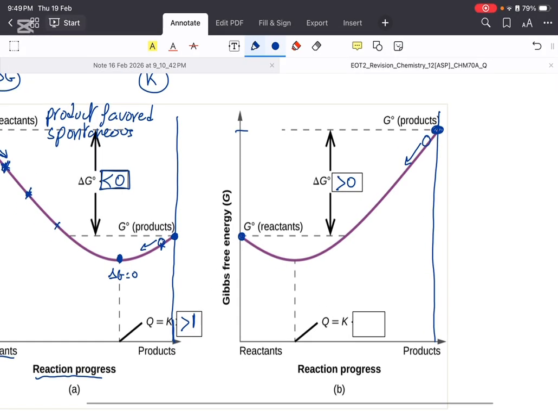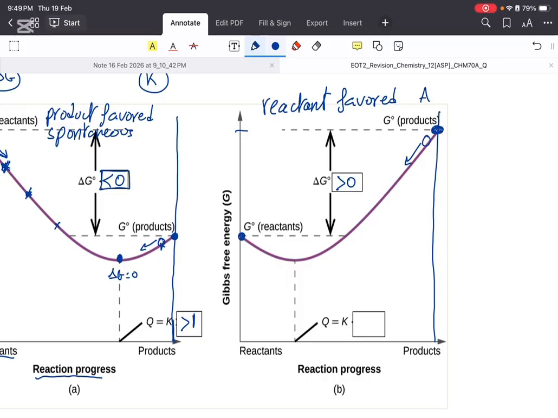So this swing shows a reaction that is reactant favored. So it is non-spontaneous because delta G is positive.